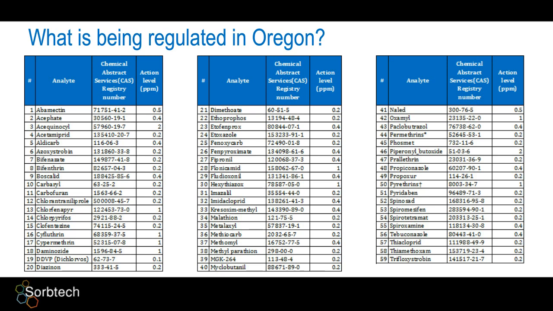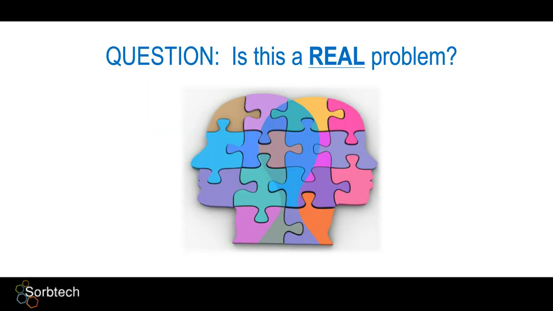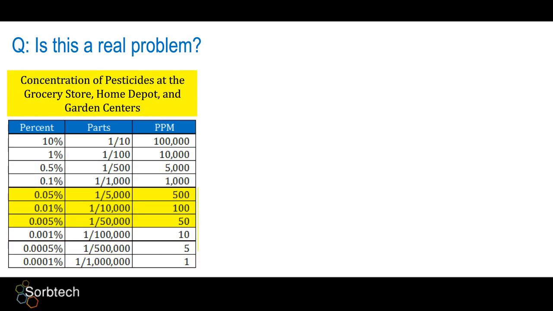So the question is, is this a real problem? Let's look at the concentration of pesticides, Raid, for example, that you buy at the grocery store or at Home Depot or a garden center or wherever you buy your pesticides. You'll see in this table, which goes from high to low, that the cells in yellow are the usual concentration of pesticides in that product.